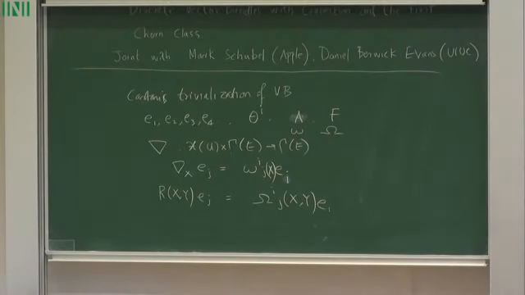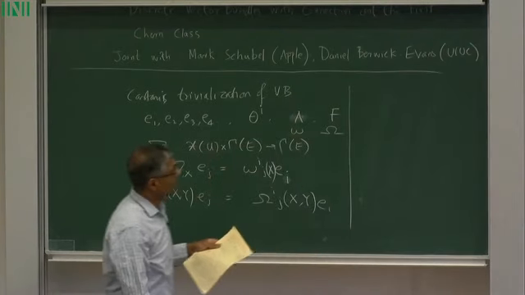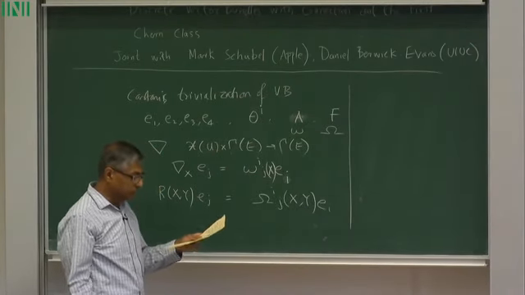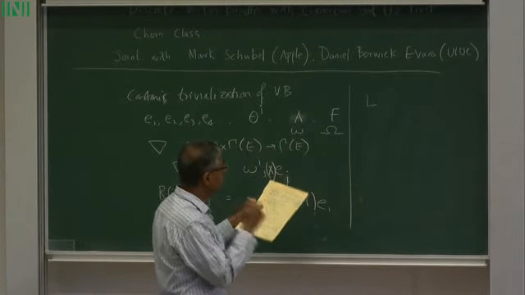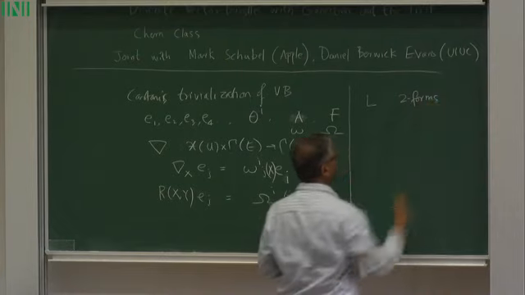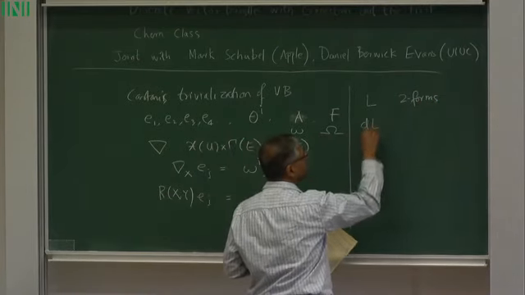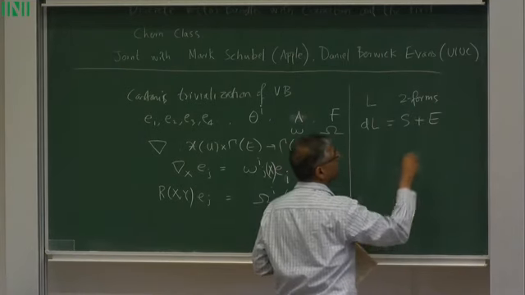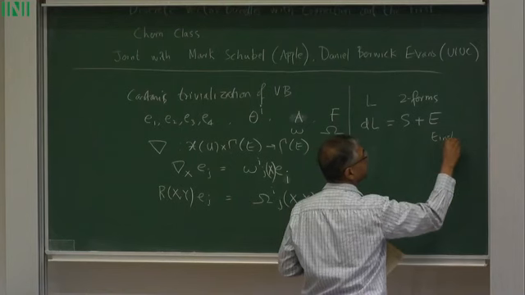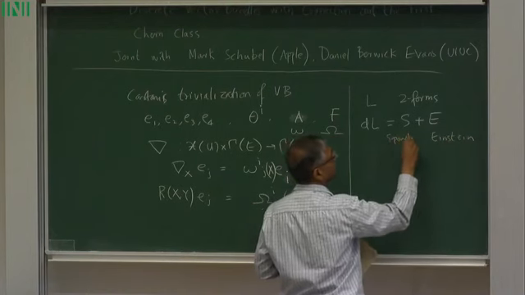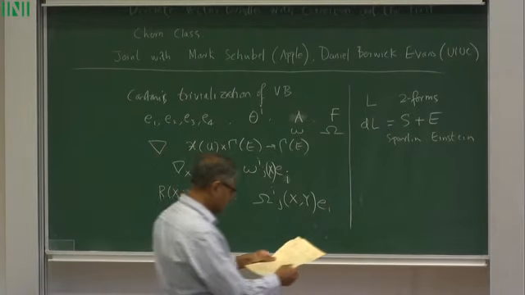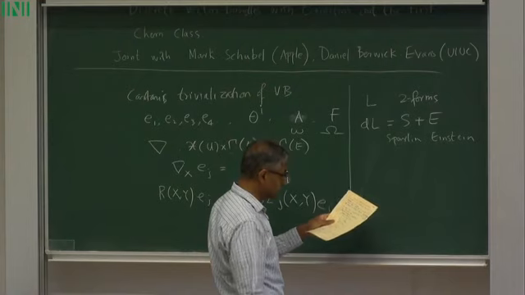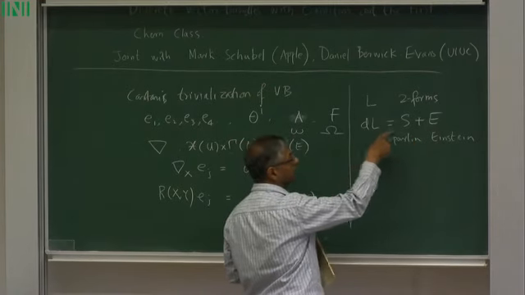I saw in Jörg Frauendiener's paper, a short introduction to writing equations in GR using this formalism, that they introduce 4 2 forms called L, and they decompose dL into S and E. E is called the Einstein 3 form, and this is called the Sparling 3 form, and there is a unique decomposition based on some requirement on E. Apparently the equations for GR in vacuum correspond to E equal to 0, or that S is exact.